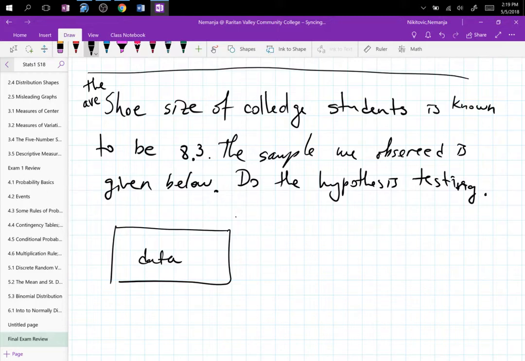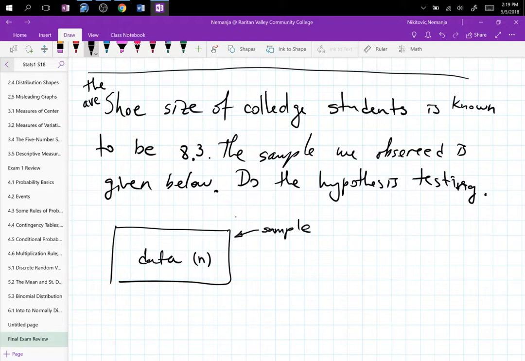It would be 6.5 and then 12, and then the next one has 10, and then another one 7, and so on. So shoe sizes, right? How much data? I don't know. There is some data and n points. You see, that data is the sample.